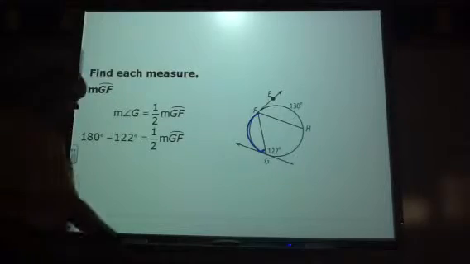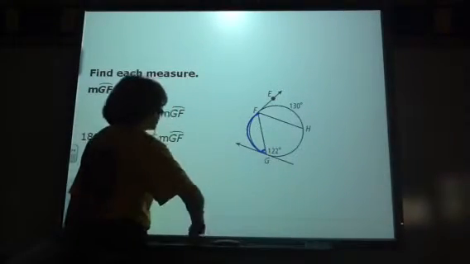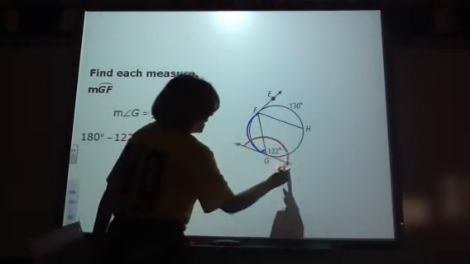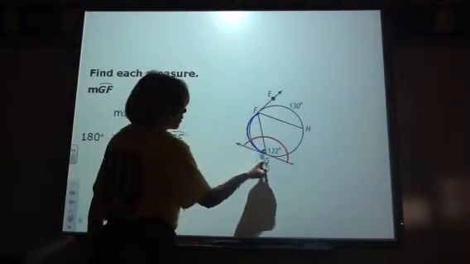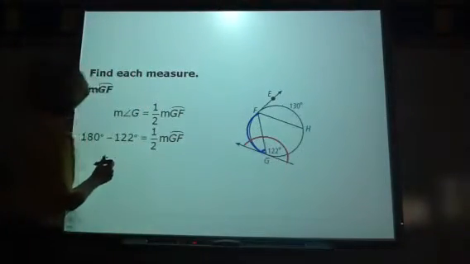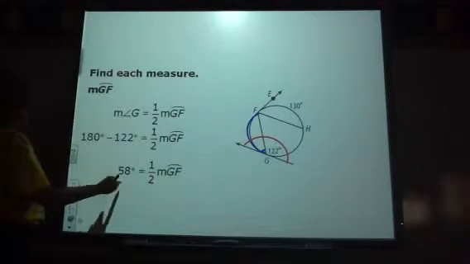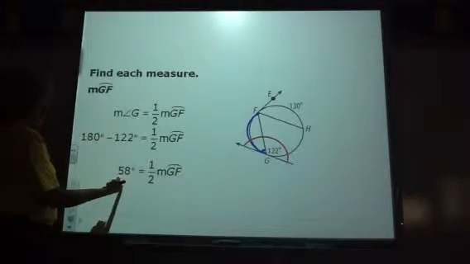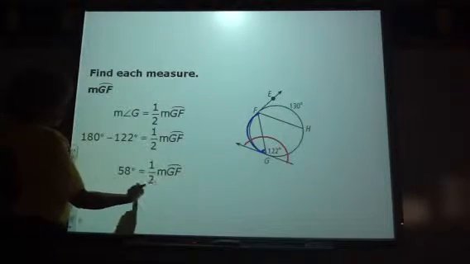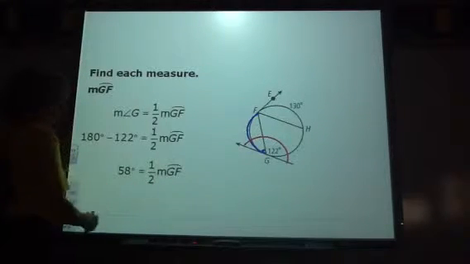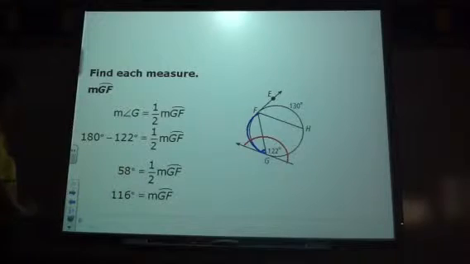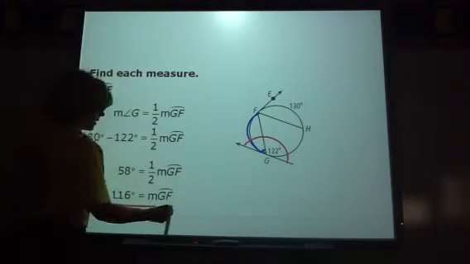Well, the measure of angle G has to be 180 minus the 122 because you have a straight edge here. So the measurement of angle G is going to be 180 minus 122, which is going to give you 58 degrees. And then you can multiply both sides by the reciprocal of 1/2, which is 2. Therefore, the measurement of arc GF is going to be 116 degrees.